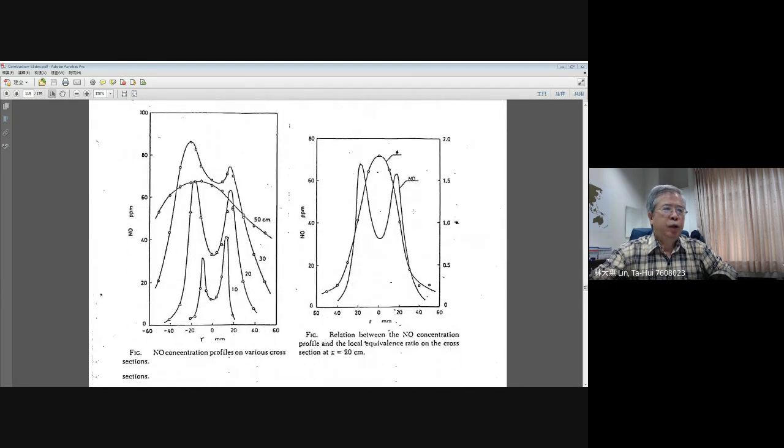Okay, then they do the measurement of NOx concentration at different axial distances. You can see X equal to 10, 20, 30, up to 50. You can see in the region of the spray diffusion flame, since you still have a bulk diffusion flame surrounding all the spray cone, the maximum temperature and the maximum NOx concentration exist at the boundary of your spray flame.